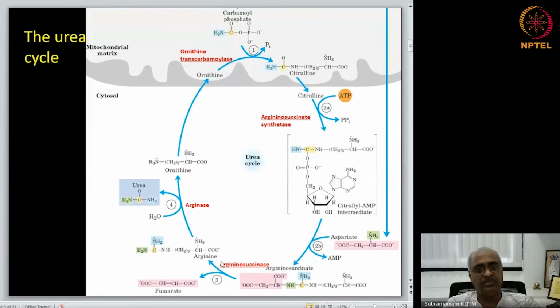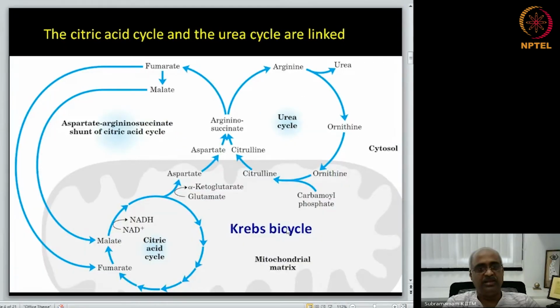So in one round of the cycle, you get rid of 2 ammonia groups in the form of urea.